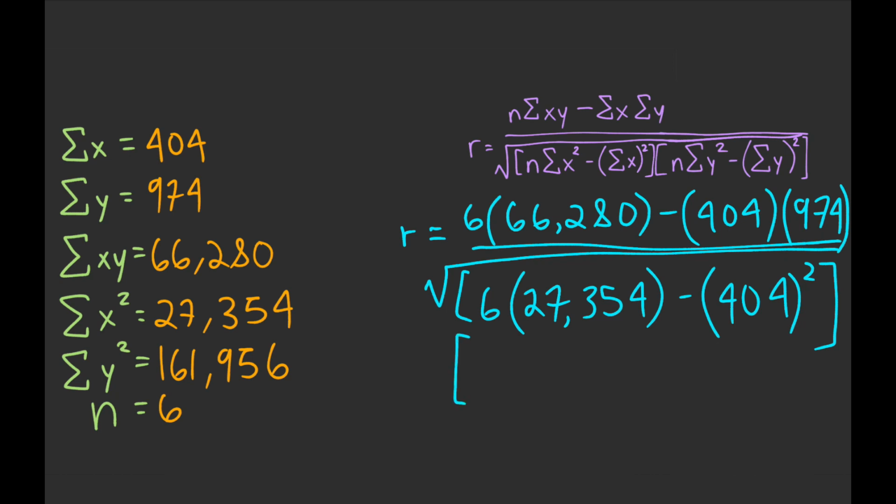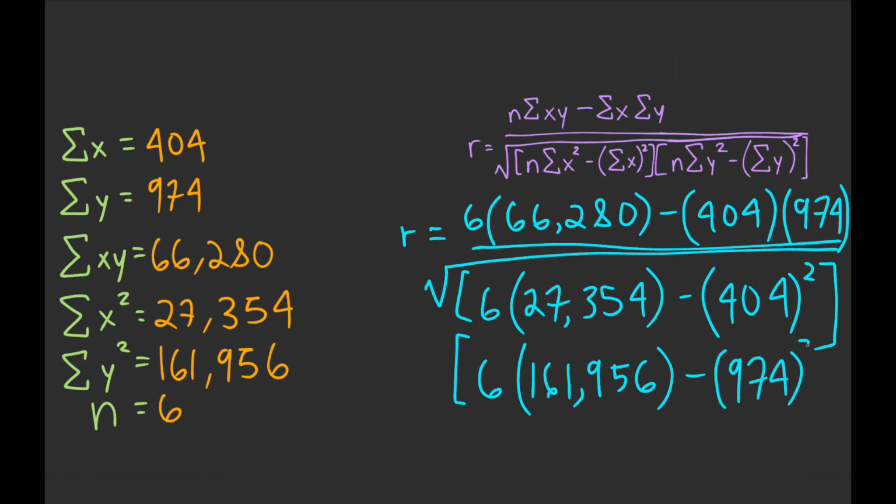And all of that multiplied by 6 times the sum of y squared, which is 161,956, minus the sum of y, 974, squared.